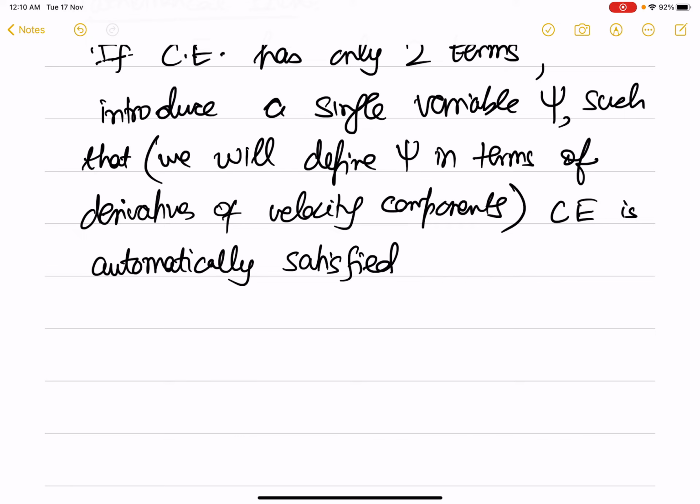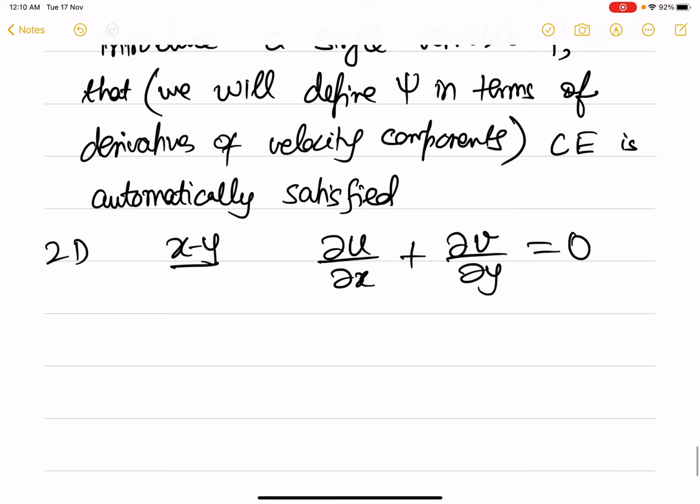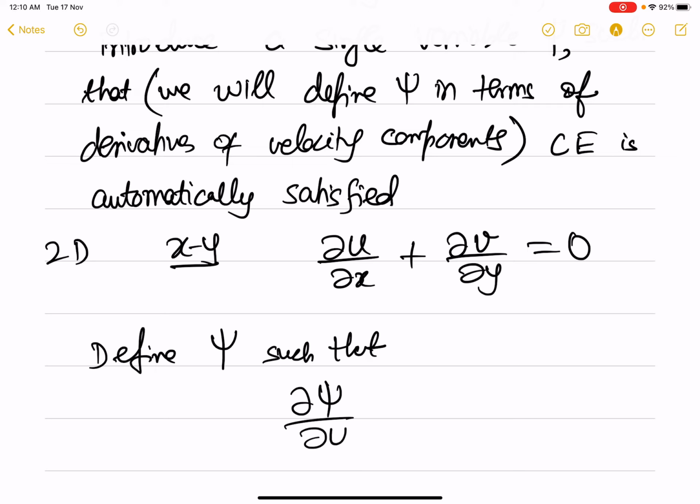And how do we look at it? Let's look at an example. Suppose we are looking at the 2D xy frame, then we have partial u by partial x plus partial v by partial y is equal to 0. Now let me first define a function psi such that, look at the way I'm doing it, partial psi by partial y.